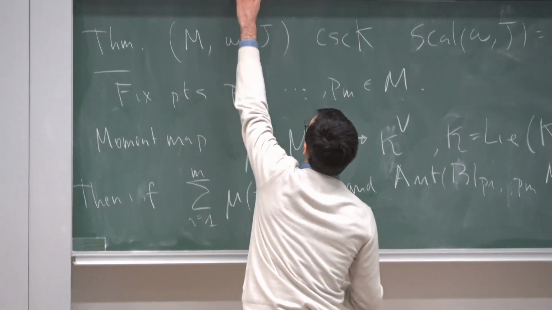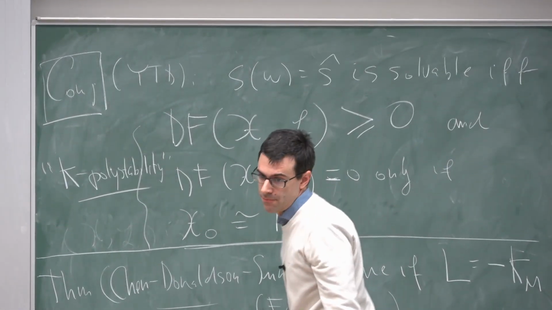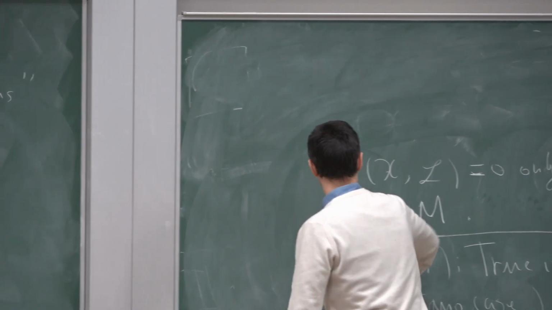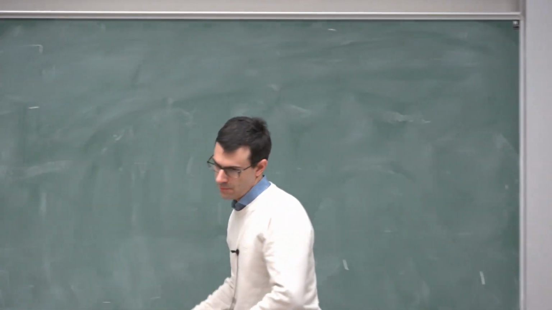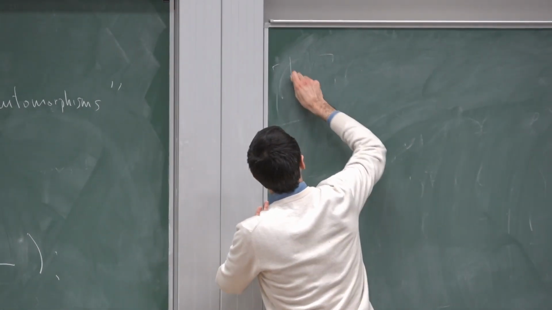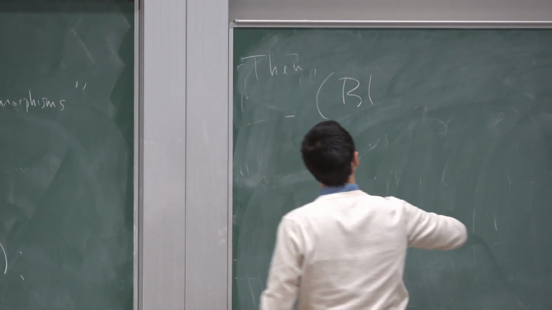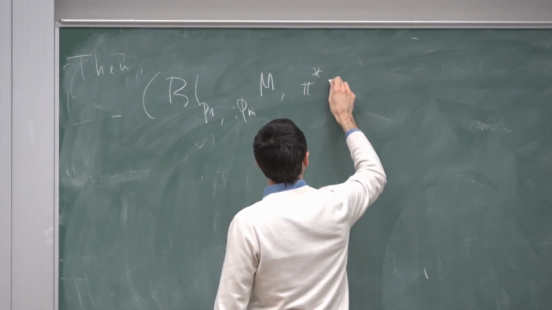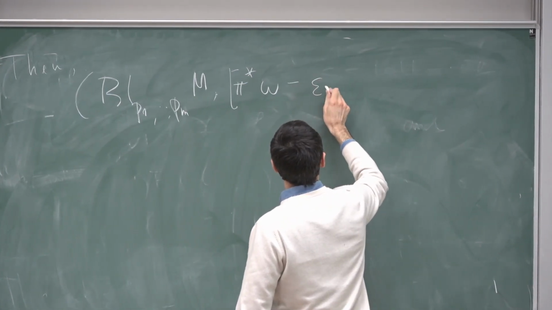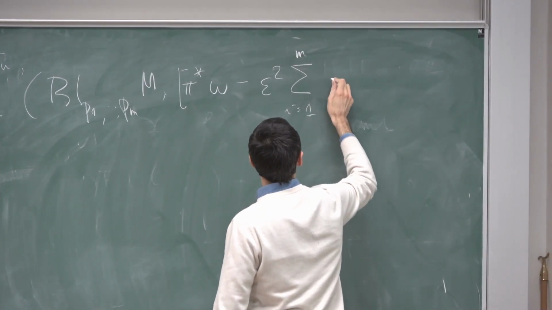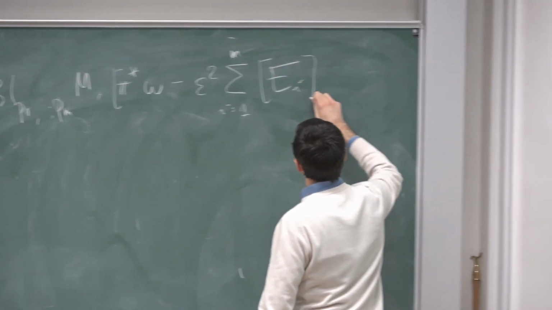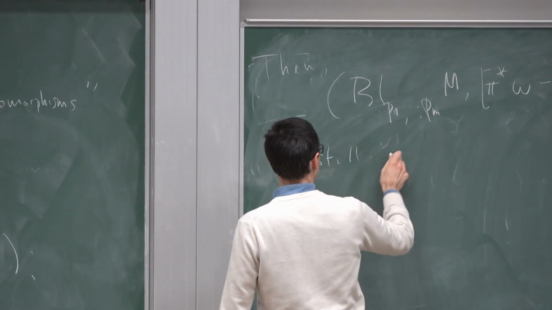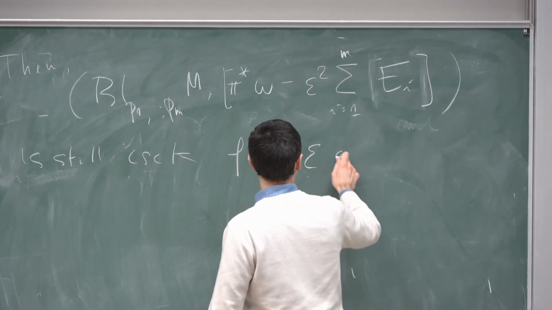Then this other manifold, this small perturbation of M, is still CSCK for epsilon lying in some small interval.